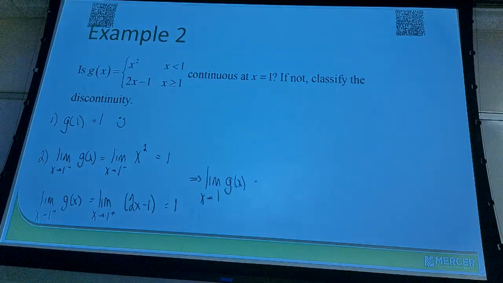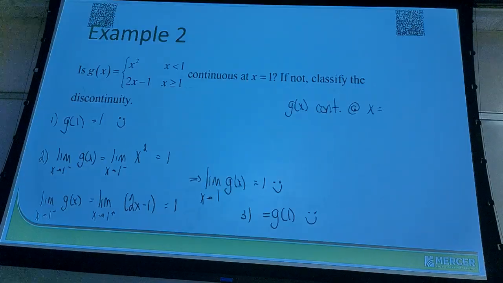What does it equal? 1. Wasn't that what we said g of 1 was? It's continuous at 1.